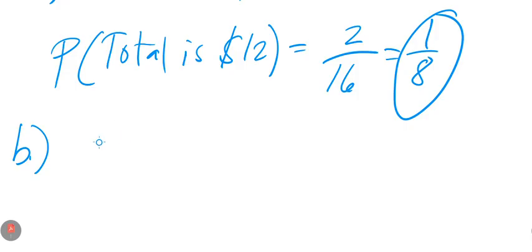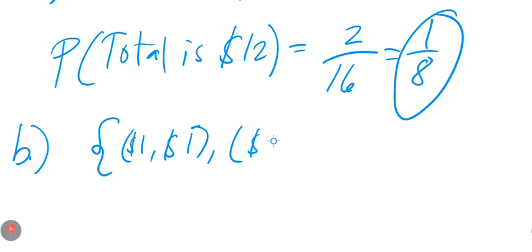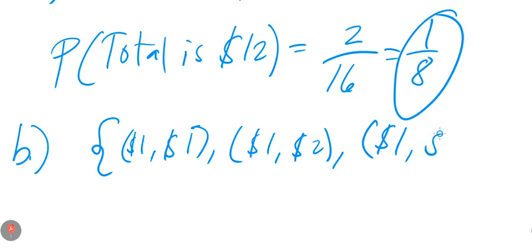Okay, so let's list them all together. First we have $1 and $1. Next one we have $1 and $2. Now moving on, we have $1 and $5.